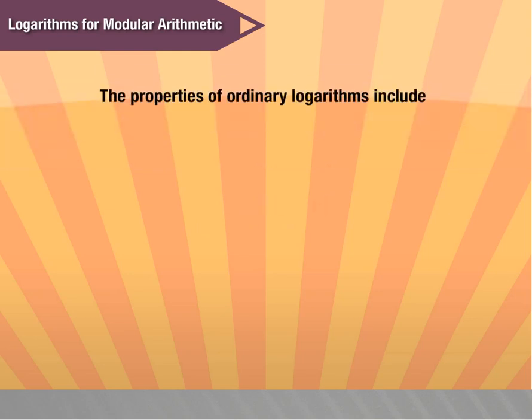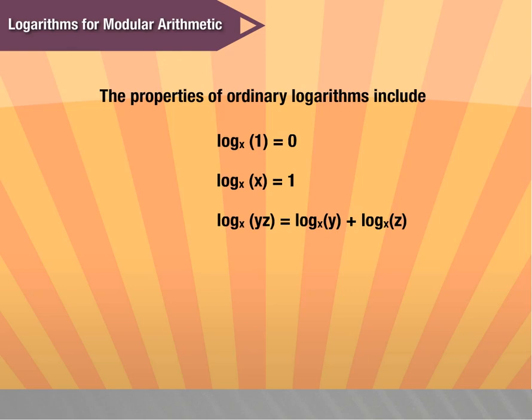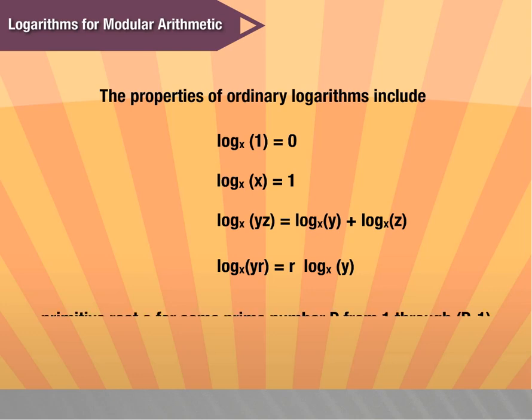The properties of ordinary logarithms include log base x of 1 is equal to 0, log base x of x is equal to 1, log base x of yz is equal to log base x of y plus log base x of z.